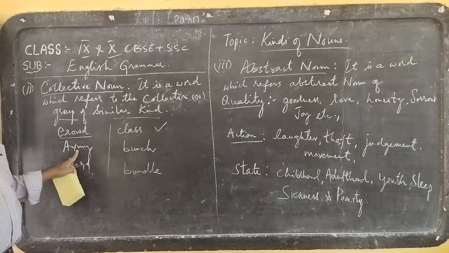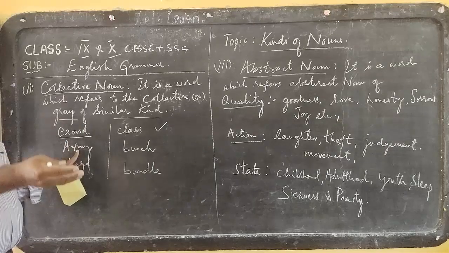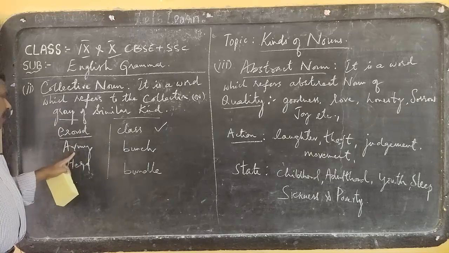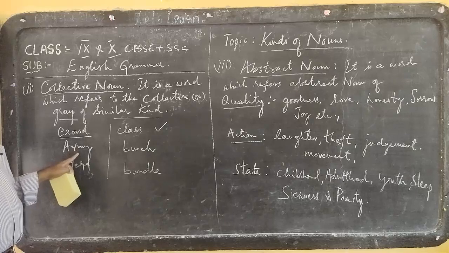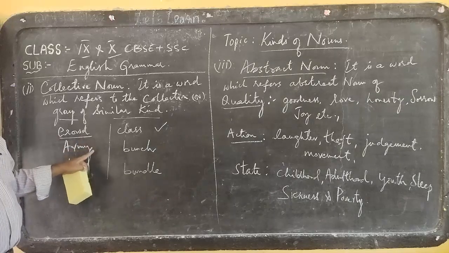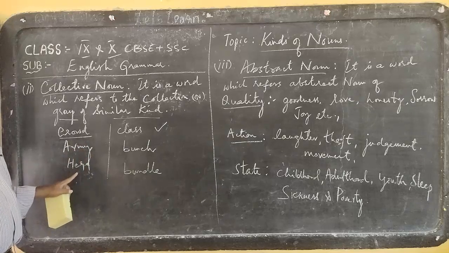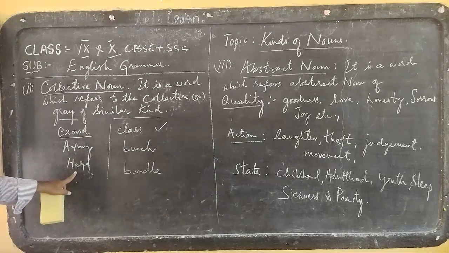Army of soldiers. India has a large army. When we use the word army, it again signifies a large group of soldiers. Next, herd. The word is herd, H-E-R-D.